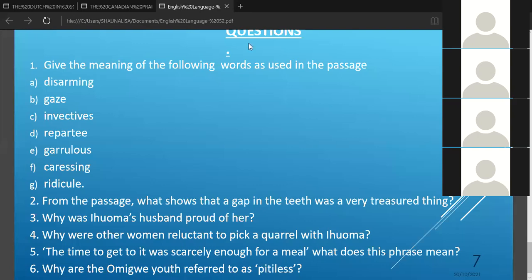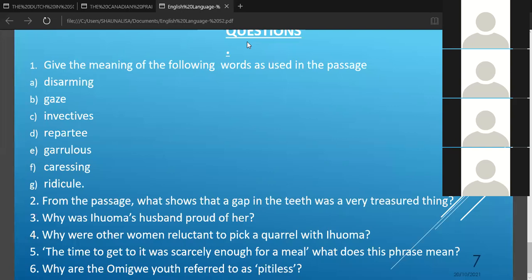Please repeat, Rebecca. Repartee, according to the dictionary, means conversation or speech characterized by quick, witty comments or replies, and synonyms are banter. Okay, thank you.